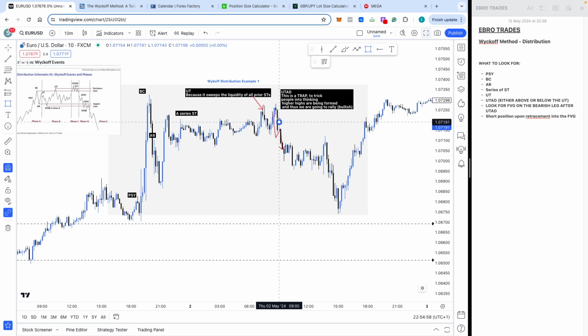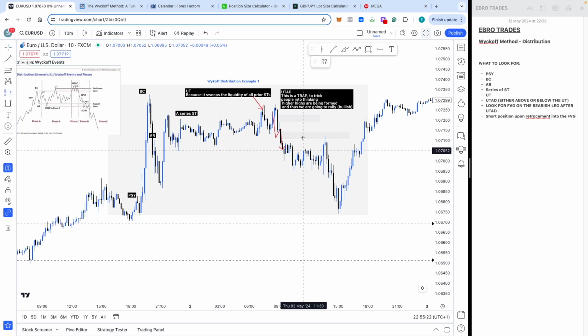So we see this fair value gap over here, and a lot of people would wait for retracement into that fair value gap. And then we see another fair value gap formed over here. But I personally don't wait for retracements into fair value gaps, though you could wait for retracement into this fair value gap and then go for entry over here.